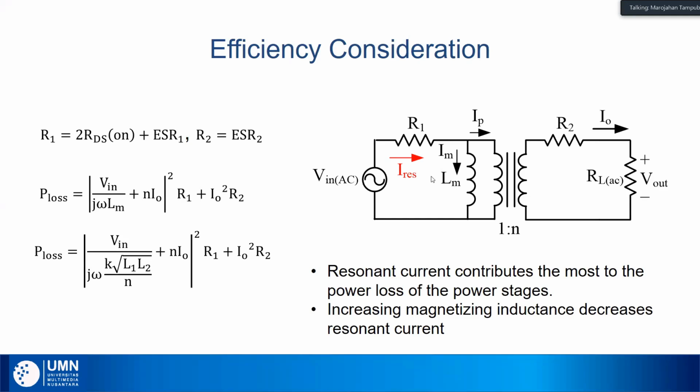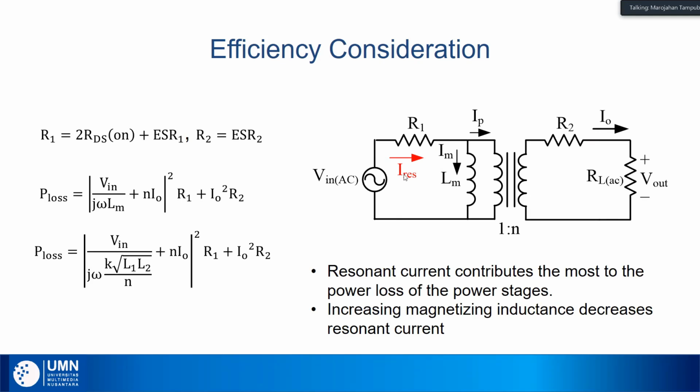As you can see here, we consider the loss of the whole system, and to have an optimum value, we need to consider the power loss in the power stage, and this is also affected by the resonant current.